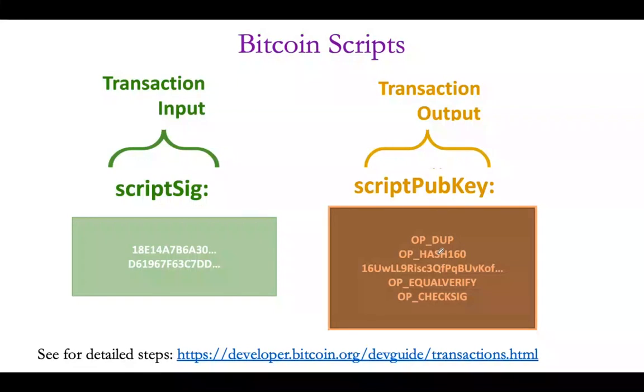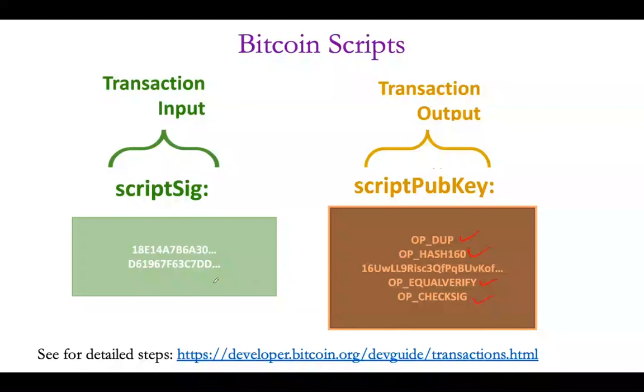So the commonly used operation codes for the transaction output are: the opcode for duplicate, the opcode for hashing, the opcode for evaluation and verification, and the opcode for checking.